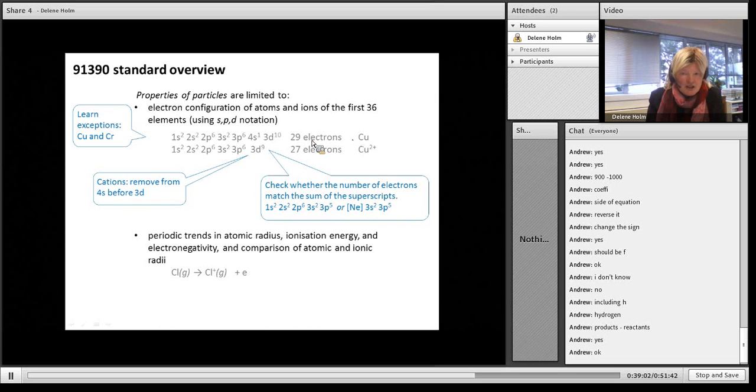So copper has atomic number of 29, so you should be able to count 2 plus 2 plus 6 is 10, plus another 2 and 6 is 18, 19, plus 10 is 29. So add them up, because you'd be amazed at the number of careless errors. You're in a rush, you're under pressure, and you can just write a wrong value. So spend that little extra 30 seconds adding up.